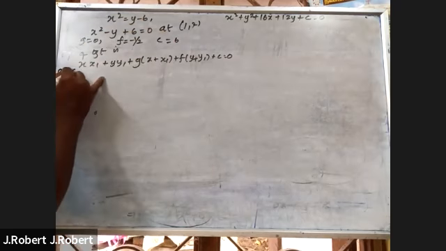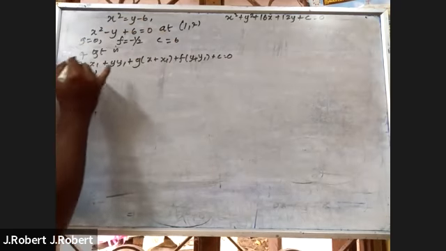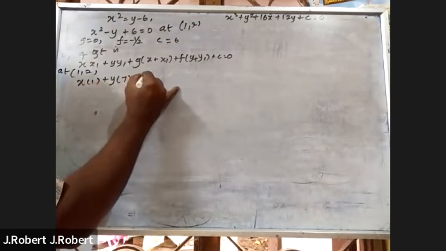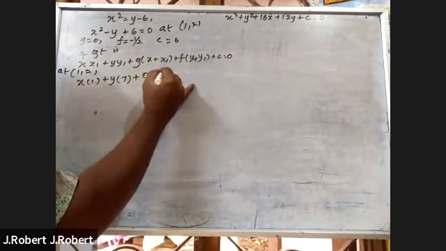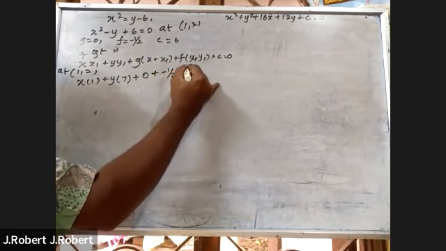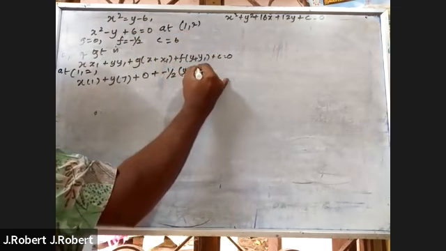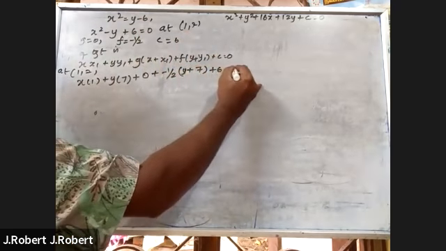At what point? 1, 7. Your x1 is equal to 1 and your y1 is equal to 7, plus g is 0, but no need. f is -1/2 into y plus y1. Your y1 is 7. Therefore, y plus 7 plus 6 equal to 0.